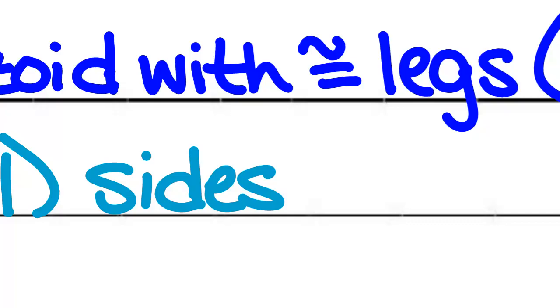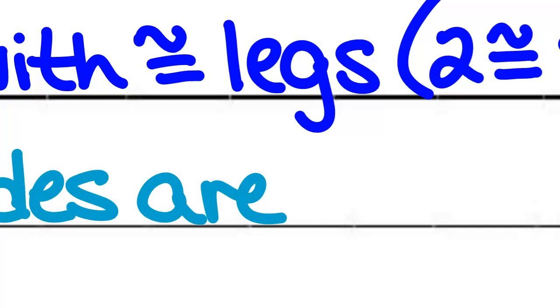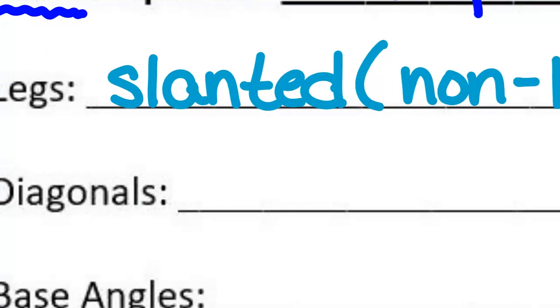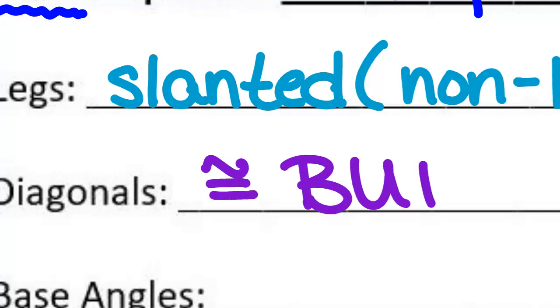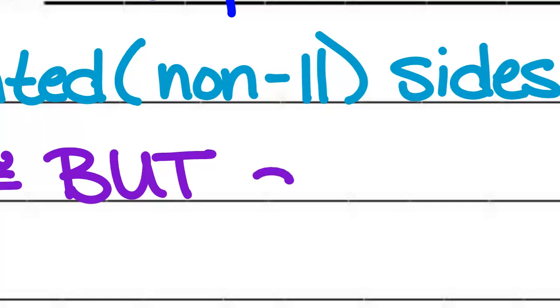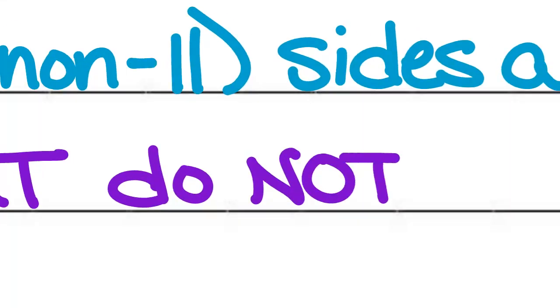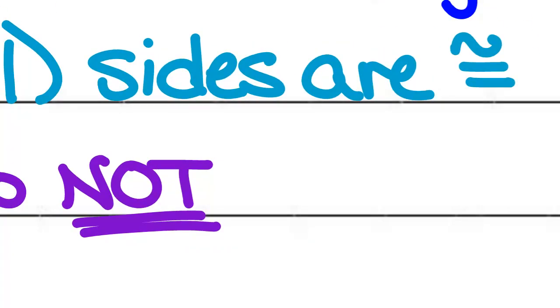And those are congruent. The diagonals are congruent, but unlike parallelograms, they do not bisect each other.